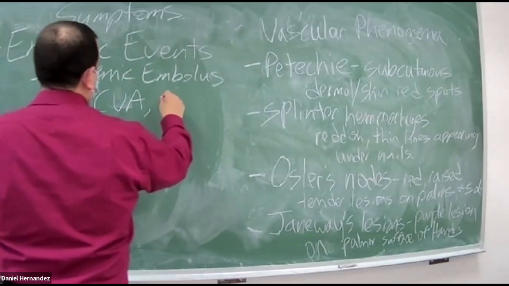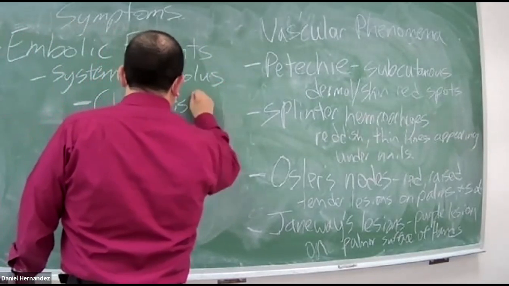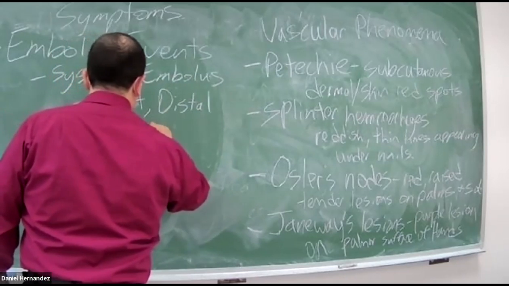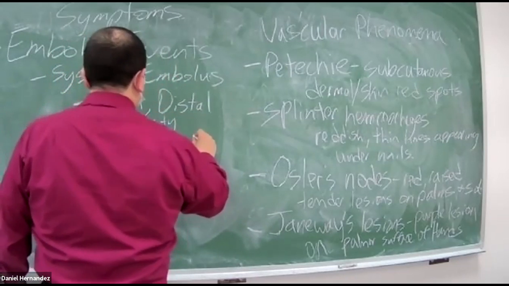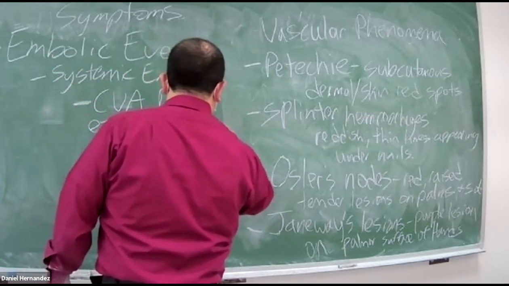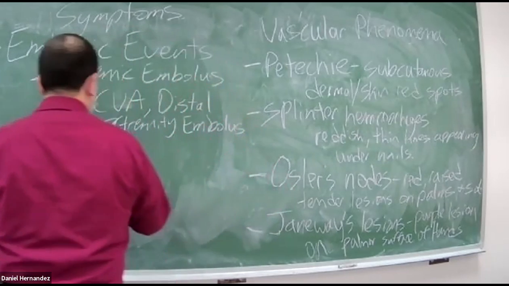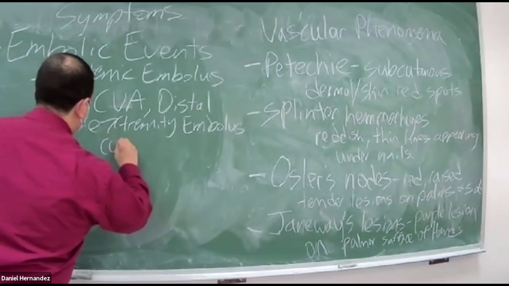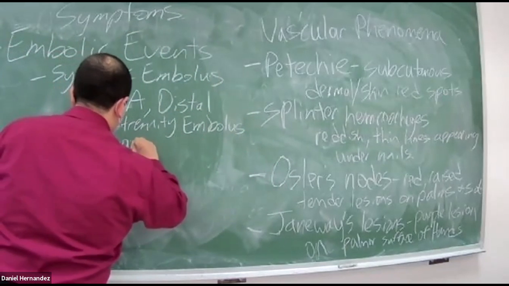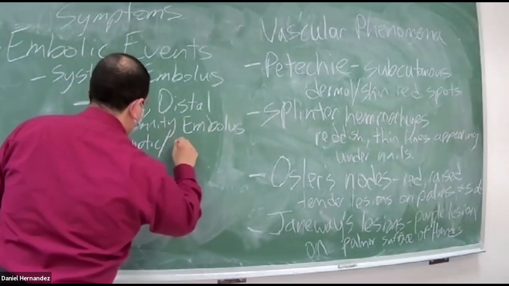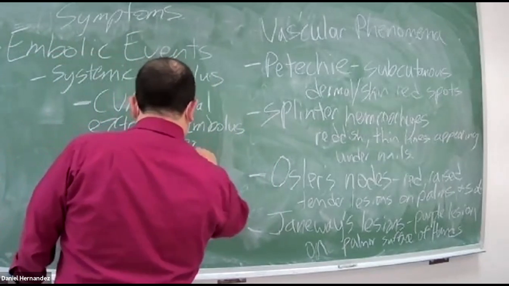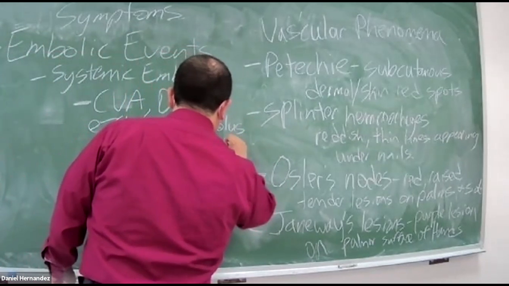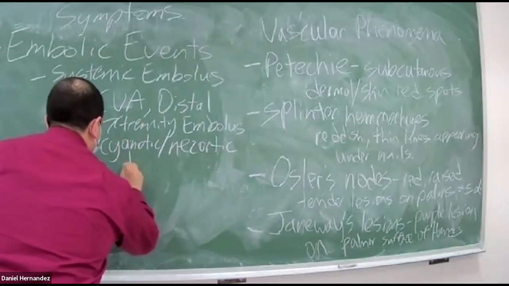It could be a distal extremity embolus. When we're talking distal extremity embolus, that would be cyanotic, necrotic digits.